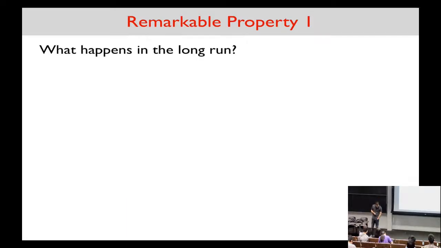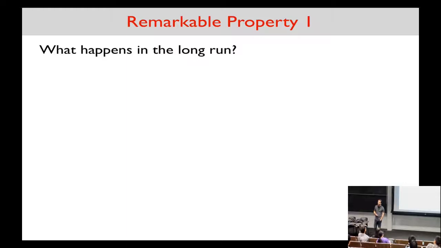All right, so now I want to discuss two very interesting and very important properties of Markov chains. The first one is related to the following question: what happens in the long run when I let the system evolve, when I let the drunk guy walk for 1,000, 1,000,000 steps? Is there anything I can say about the probabilities of the states?